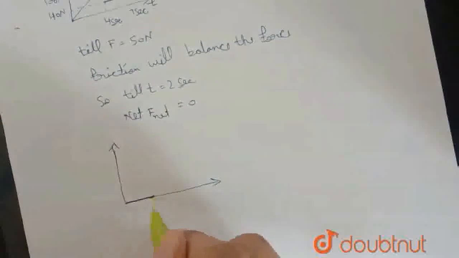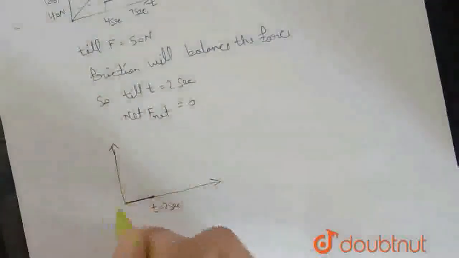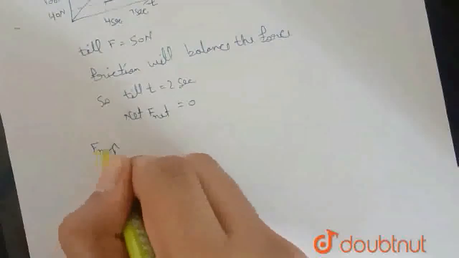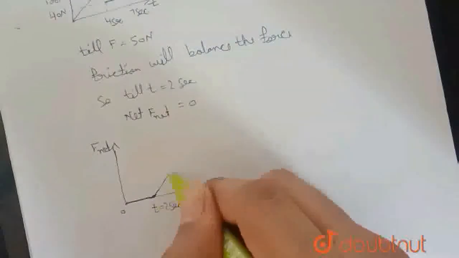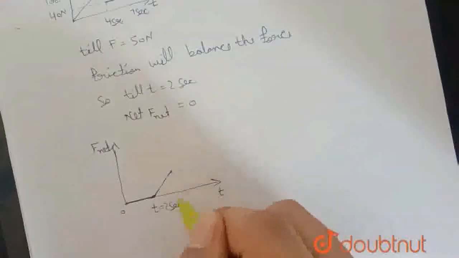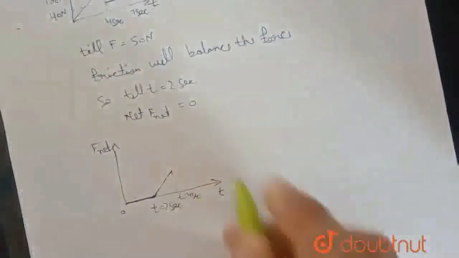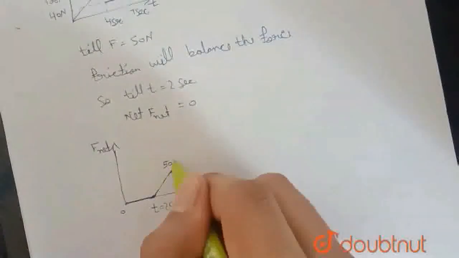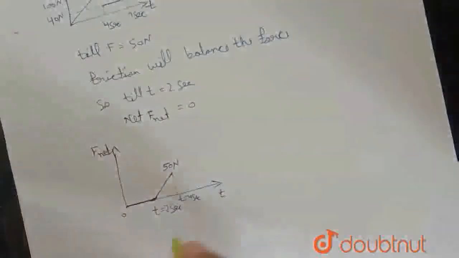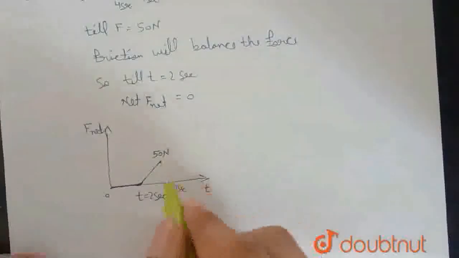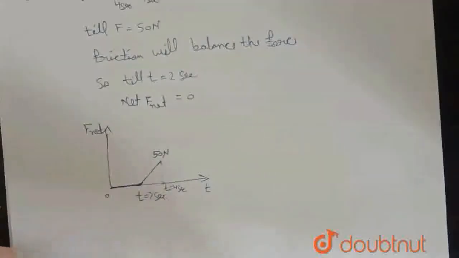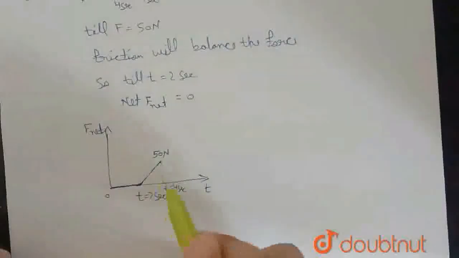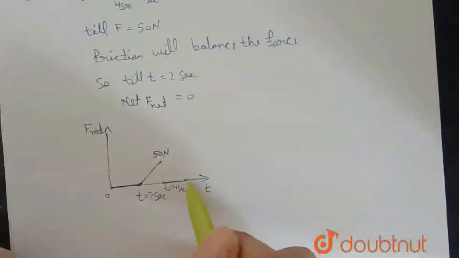As we know, till t equal to 2 seconds, net force will be 0, F net and t. And from t equal to 2 seconds to t equal to 4 seconds, it will increase linearly and will go maximum up to 50 Newton. And then the force is 40 Newton and limiting friction is 50 Newton. So it will again balance and net force will be 0 till t equal to 7 seconds.